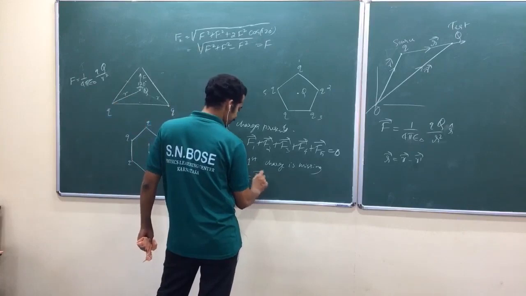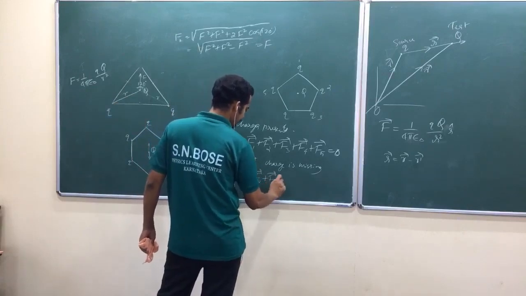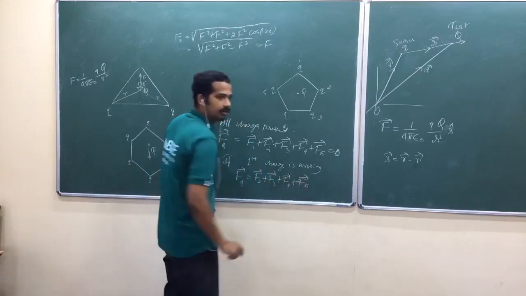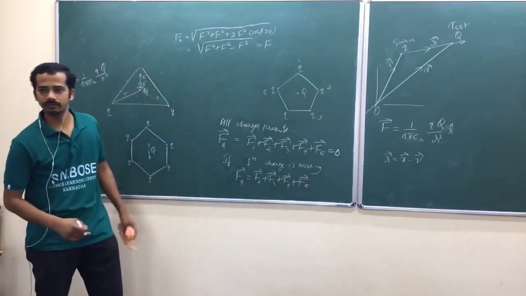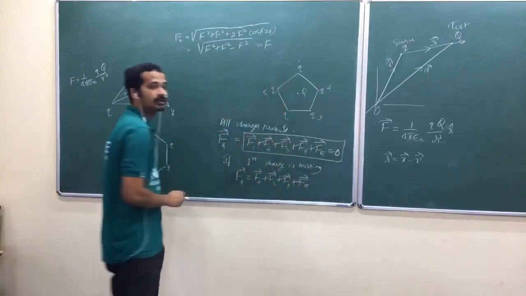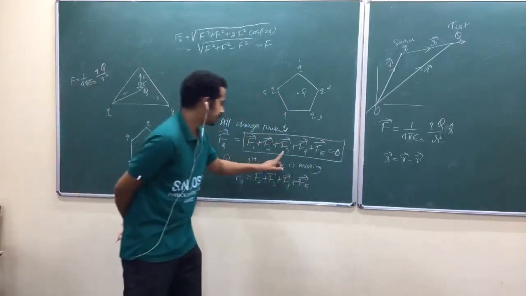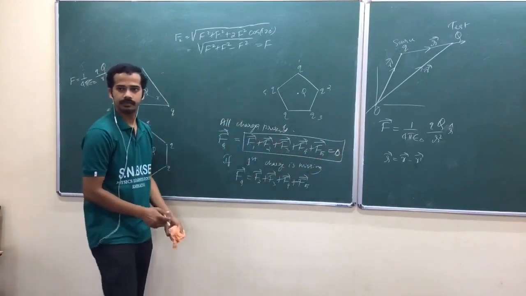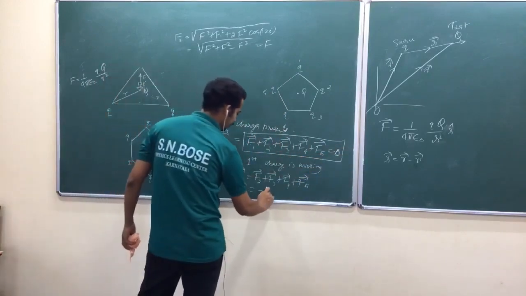F2 plus F3 plus F4 plus F5. But you don't have to find that one. Look at this equation: F2 plus F3 plus F4 plus F5 is equal to minus F1. Isn't it? That's equal to minus F1.